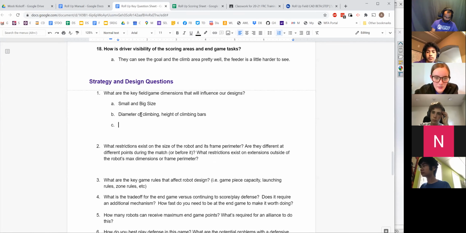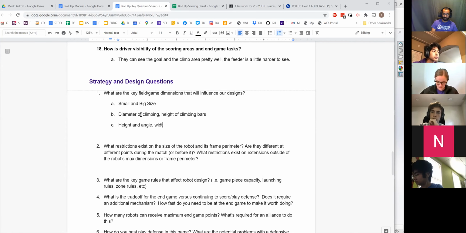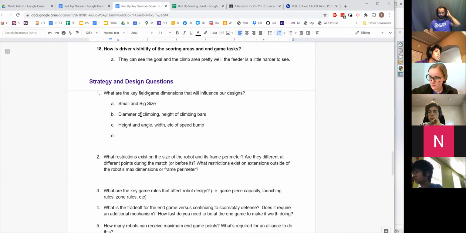The speed bump, because you need to build a good drivetrain that can deal with that. That's a good question. Height and angle, width, etc. of the speed bump. Yeah, because a robot has to be able to drive over that regularly, potentially pull balls from it, right? Because you have all those balls that start there, so you have to be able to intake balls that are on top of it.